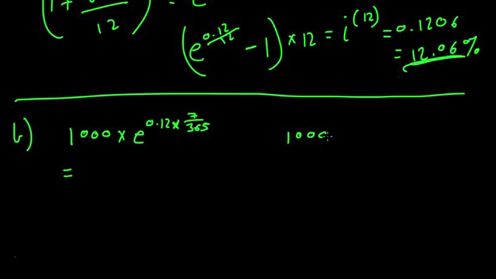The other bit is what if it's monthly. So 1,000 times e to the 0.12 times 1 over 12. There we go, and we'll use Excel to figure both of those out.